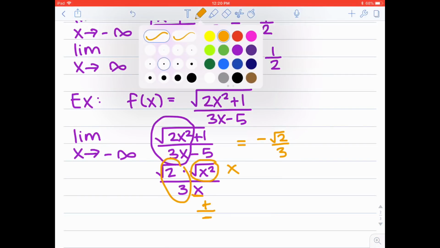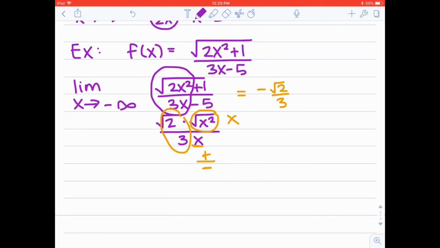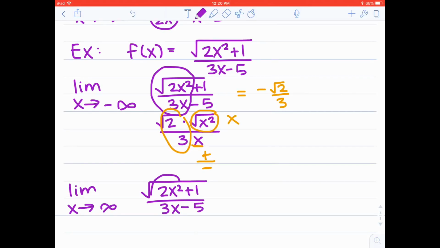Alright, and then we're going to do the same thing for the positive version. So there are our leading terms. Those are the ones that win right there.